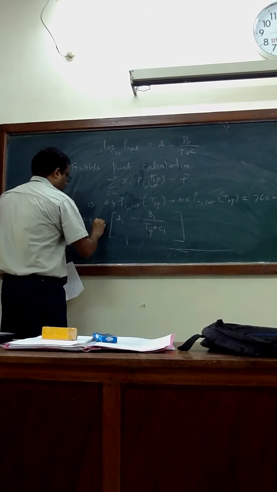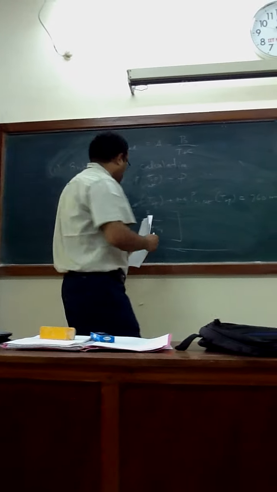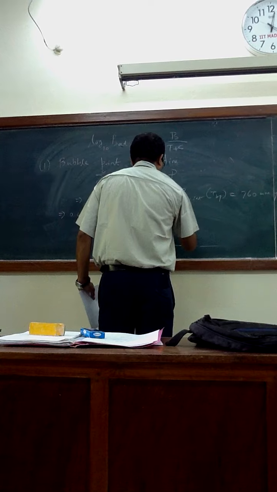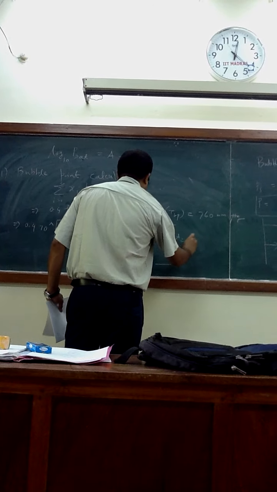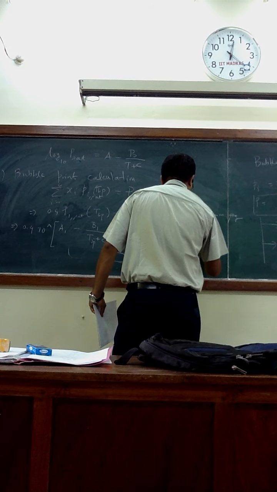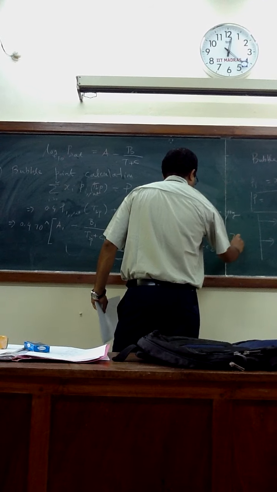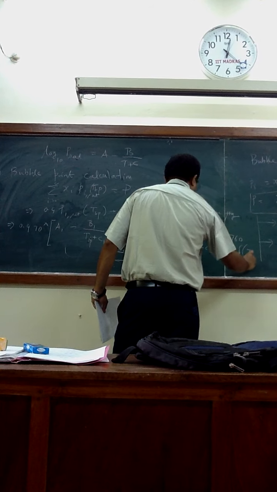That's the way I would like the computer to do it. Similarly, 0.6 times 10 to the power A2 minus B2 by TBP plus C2, minus 760 equals a function of TBP.